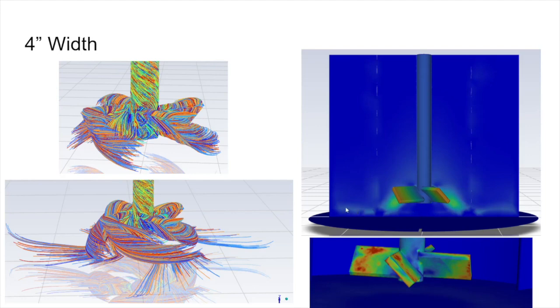You can see this also reflected in this velocity contour here, where you see that similar shape of faster velocity. This bottom plot is a vorticity plot, and we can see that there's a high vorticity around the tips and edges of the blades, which is what we would expect.